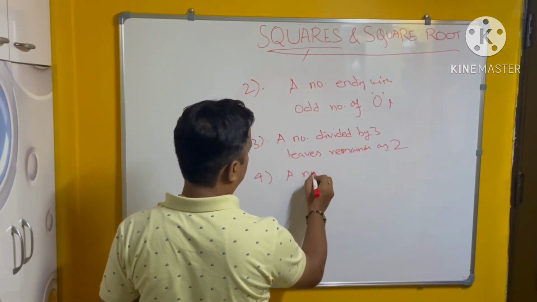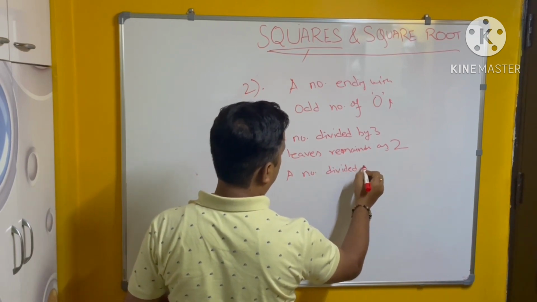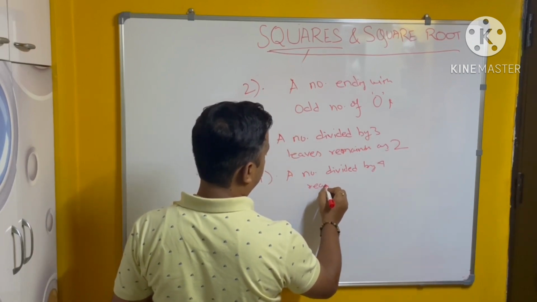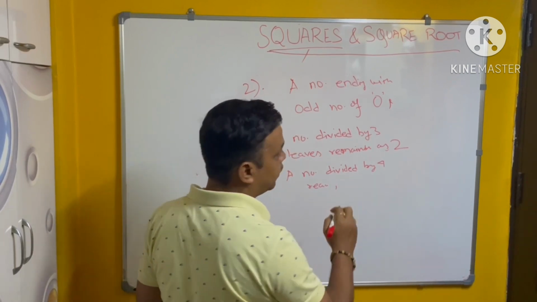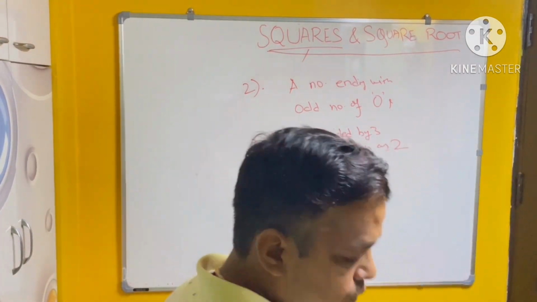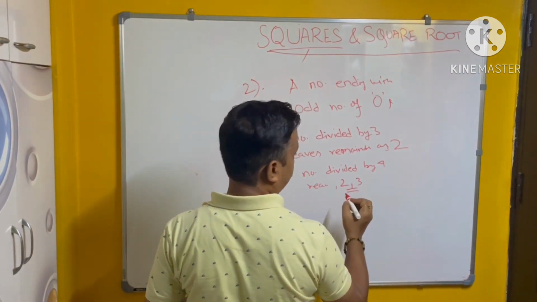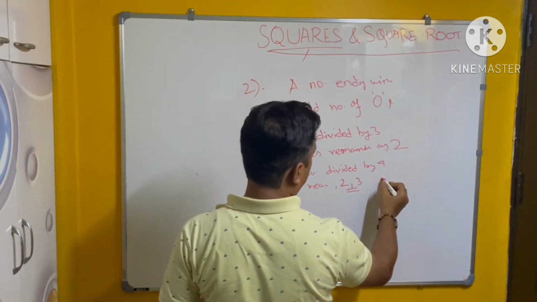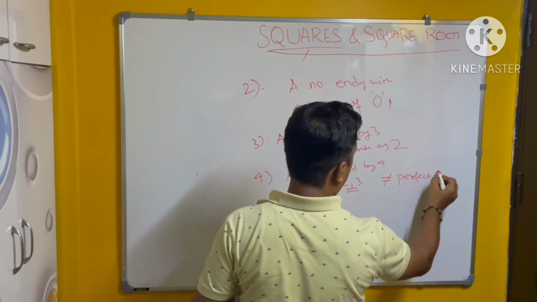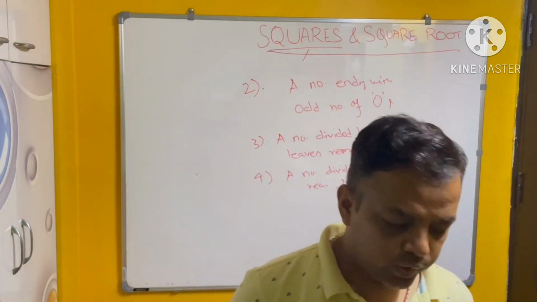A number which, when divided by 4, leaves a remainder of 2 or 3 cannot be a perfect square, right? So these are the 4 properties.